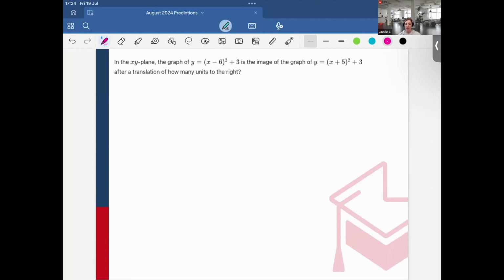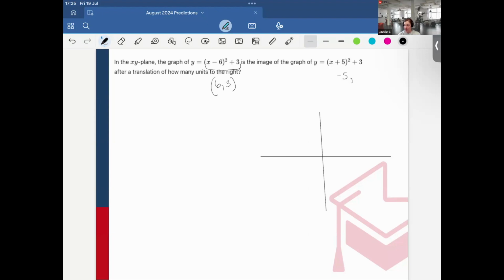How many units to the right? Just imagine this visually. You could also plug this in on Desmos, but I like to show things here visually.